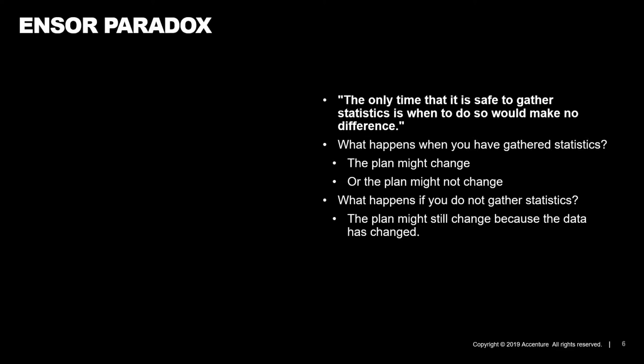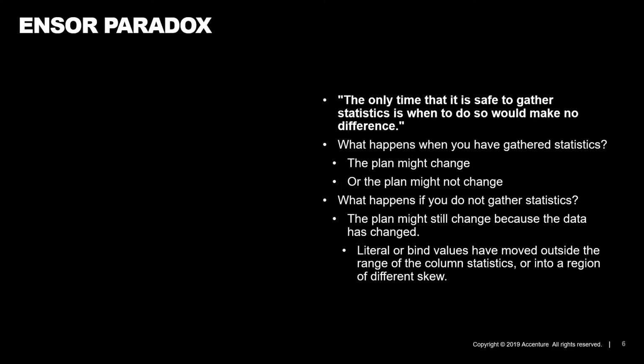The application carries on, the data changes, the literal and bind variable values change, and they move outside the range of the column statistics or into an area of different skew, and that changes the cardinality calculation, and as a result the execution plan changes.